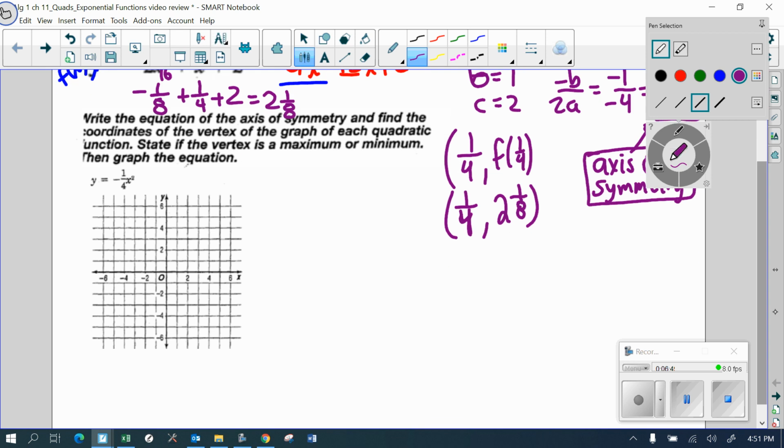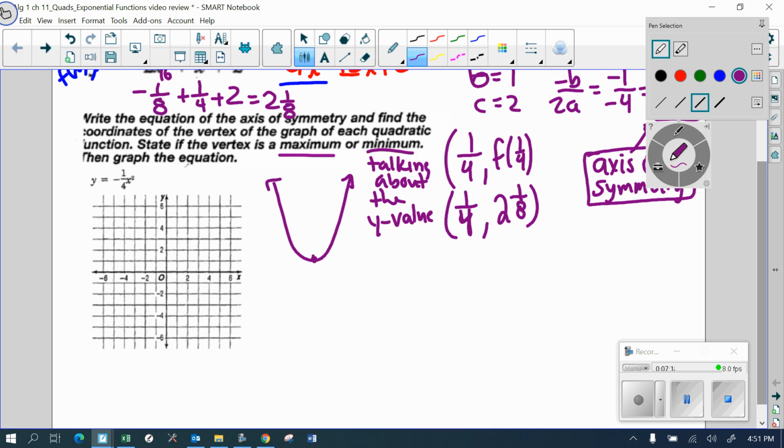Okay, write the equation of the axis of symmetry and find the coordinates of the vertex of the graph of each quadratic function. State if the vertex is a maximum or minimum. So if the parabola opens up, when we're talking about max or minimum, we're always talking about the y values.